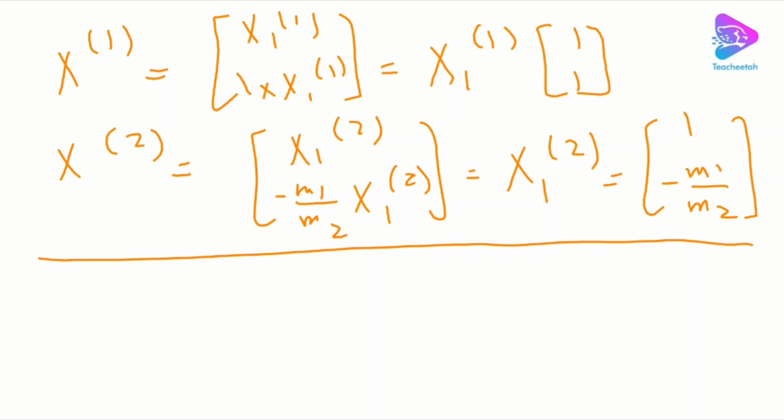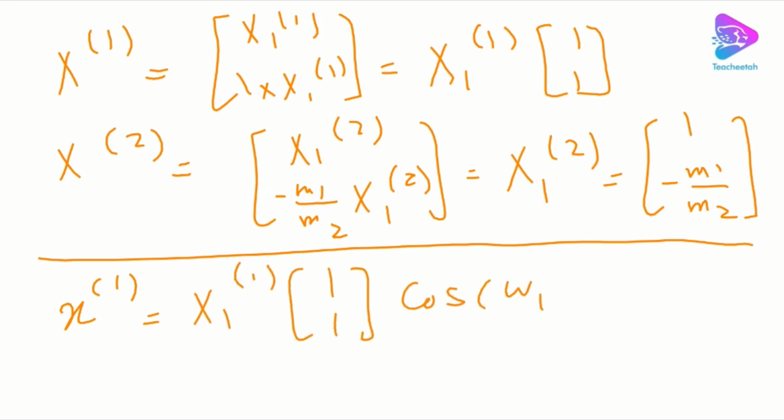As you remember, the first mode is x11 times (1, 1) cos(omega 1 t plus phi 1), right?